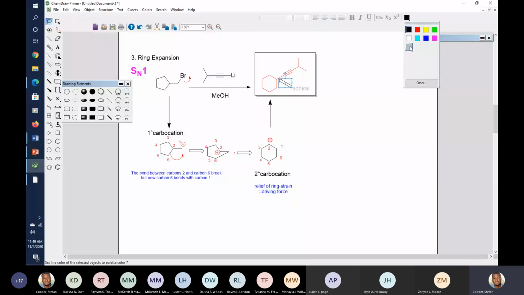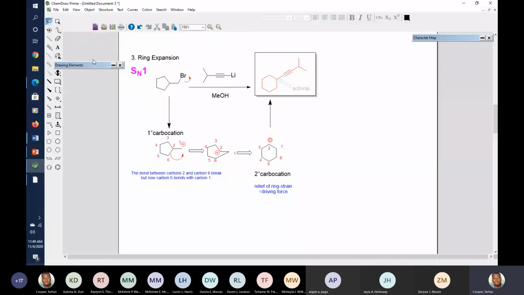Okay, let's look at this again. So a ring expansion, and I should have given the details up here, I'm sorry, is that I'm going to relieve ring strain by generating a more stable carbon cation.